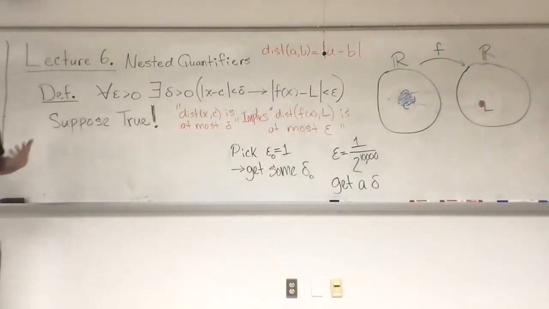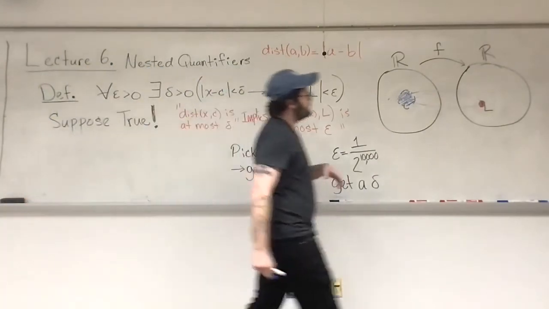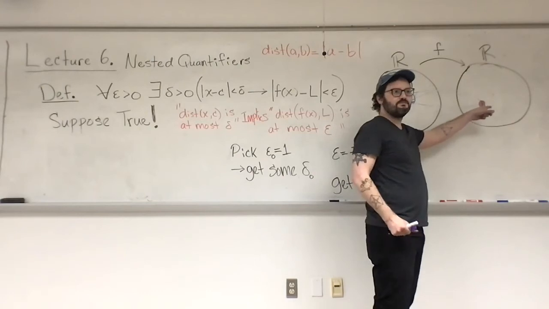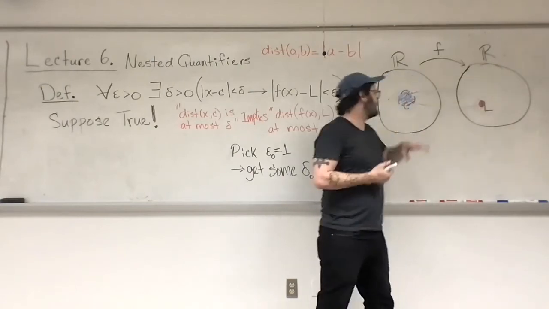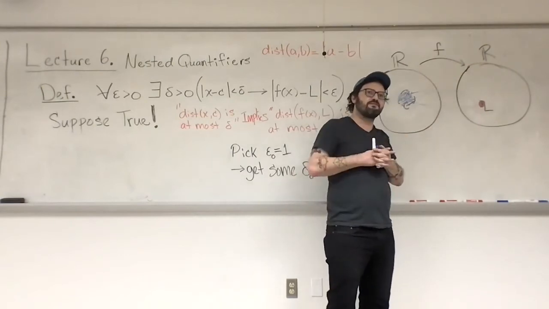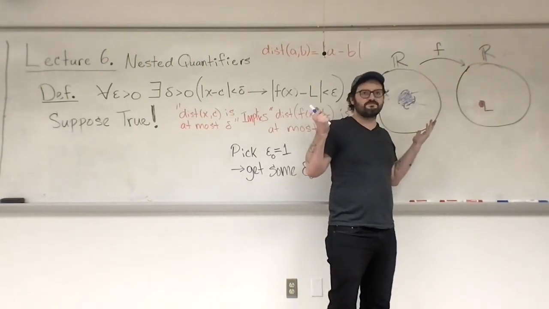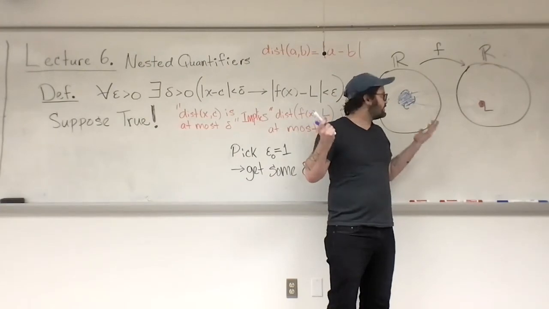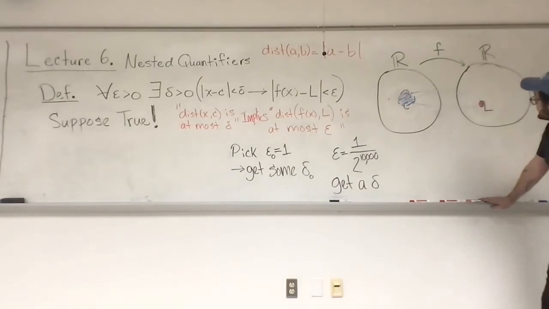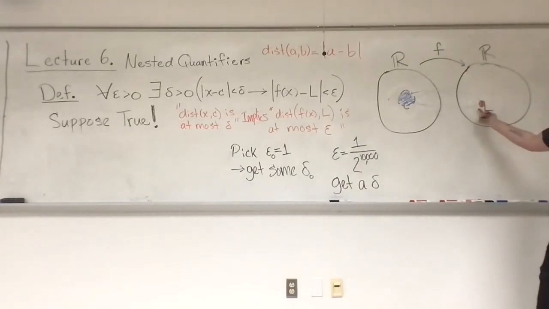Which means what? Well, it means that no matter how small the distance around L we pick, there's an infinite number of points around C that have to get sent inside that tiny ball, no matter how small. And notice that just looking at it, you can't even see the ball right here, right?